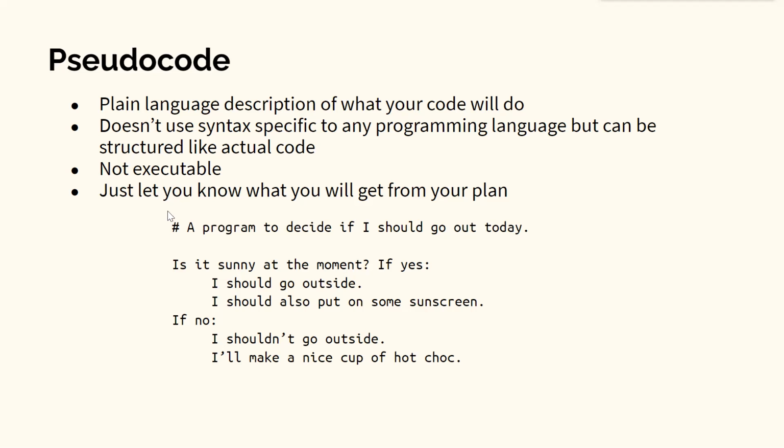It just lets you know what you will get from your code or your plan. You already have seen an example of this with the weather program we wrote earlier. There are no rules for writing pseudocode, it's freeform. So never expect the computer to be smart enough to read your plan description and give you the output. That's ridiculous.